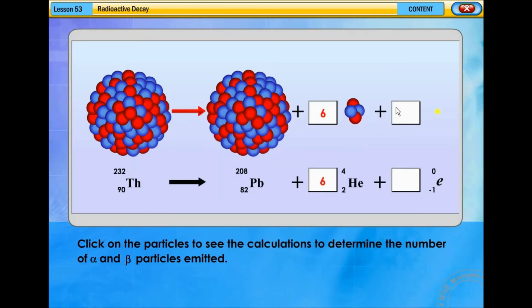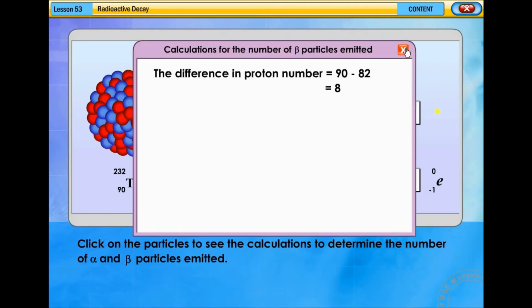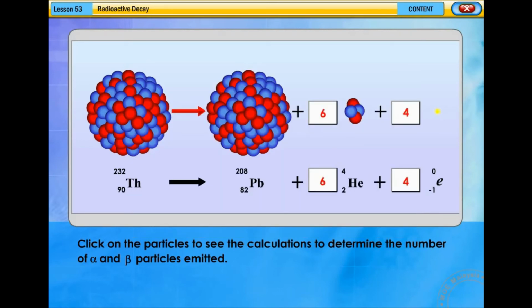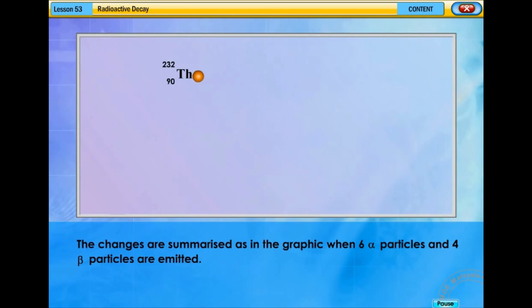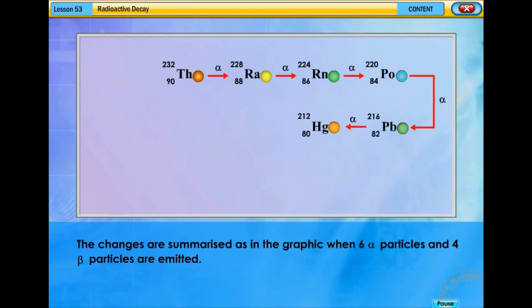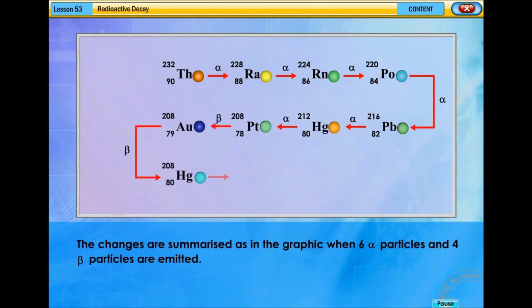The difference in calculations for the number of beta particles emitted. The changes are summarized as in the graphic when 6 alpha particles and 4 beta particles are emitted.